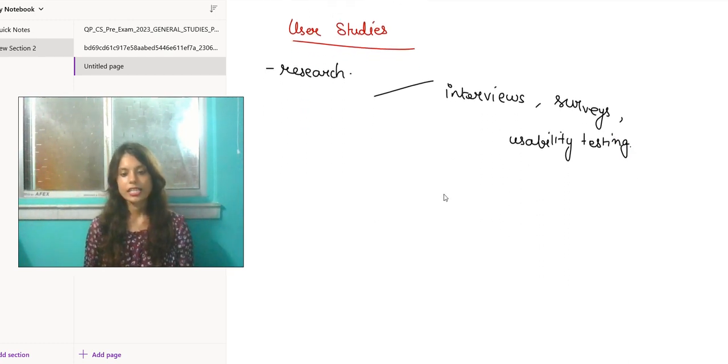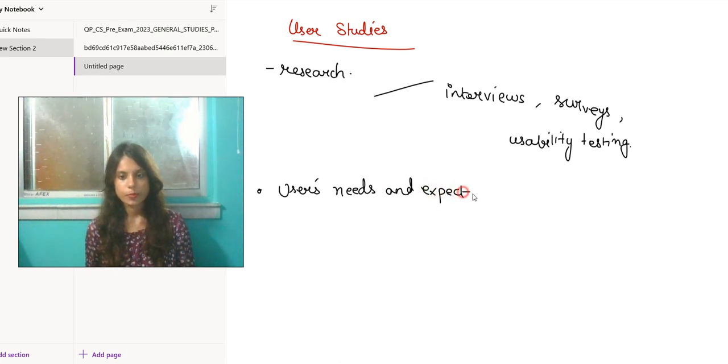Now user studies can be used to gather information about many topics. Okay, what are these topics? Let's discuss these now. We can gather information about users' needs and expectations. Definitely users have some sort of needs and expectations, and we need to fulfill those things.